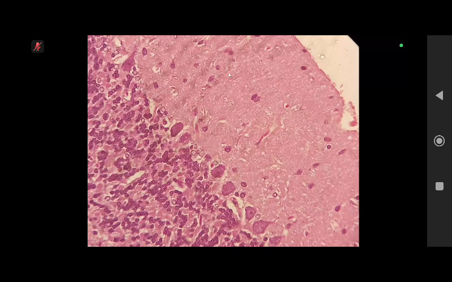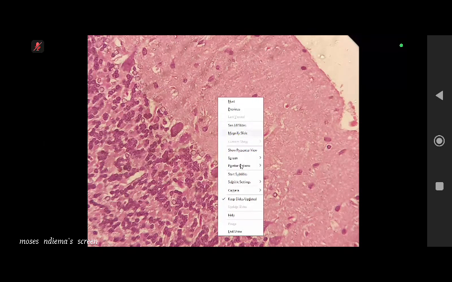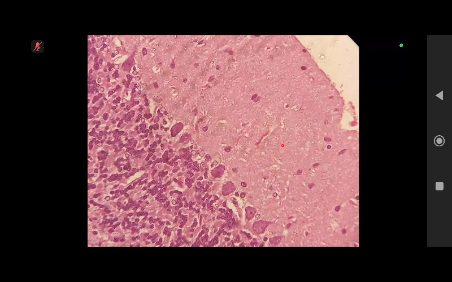We have three layers of the cerebellum. One is the molecular layer, comprising of glial cells and basket cells, and the basket cells synapse with the Purkinje. We also have the parallel fibers, which are axons of granule cells.